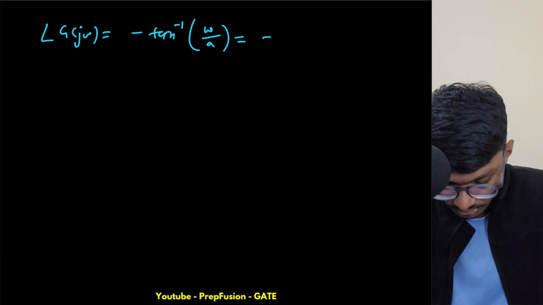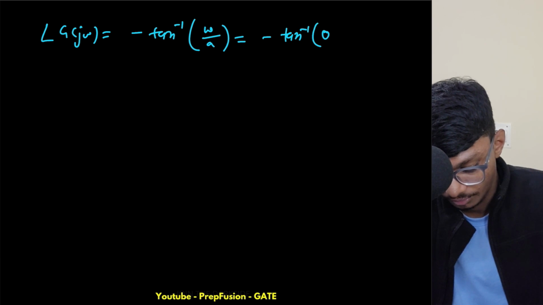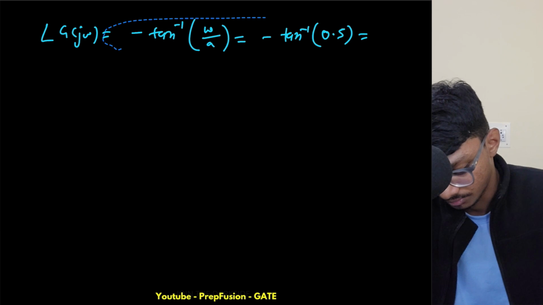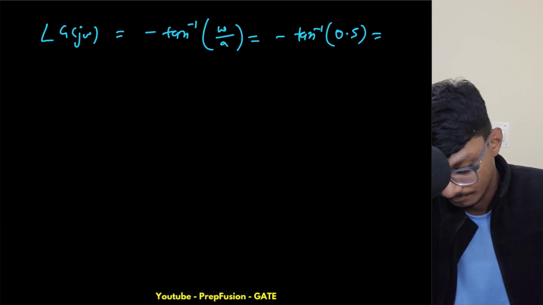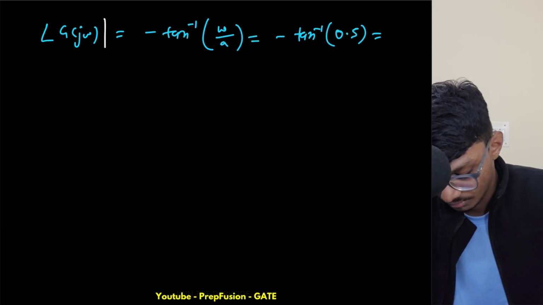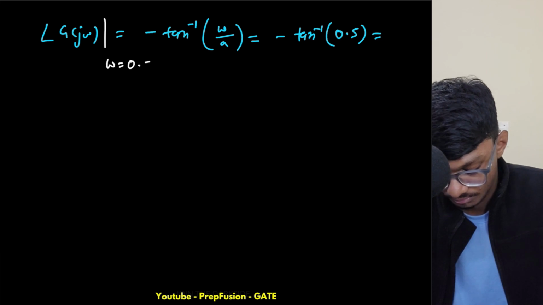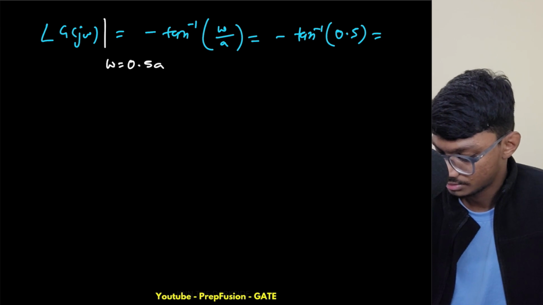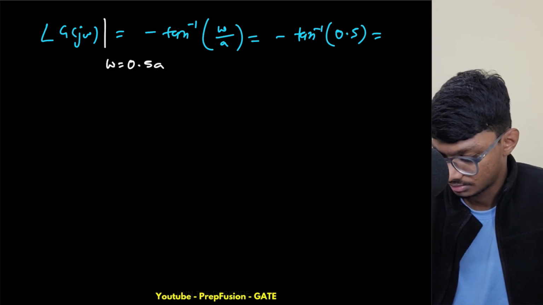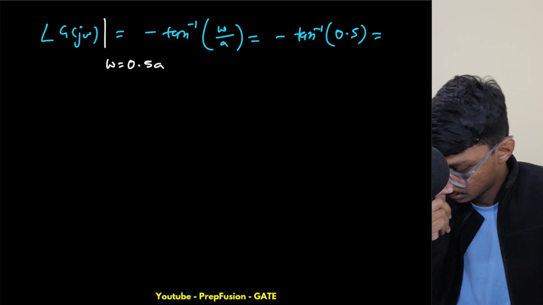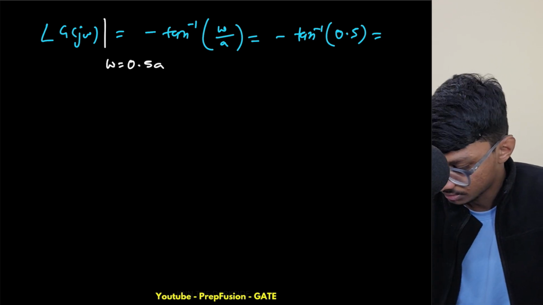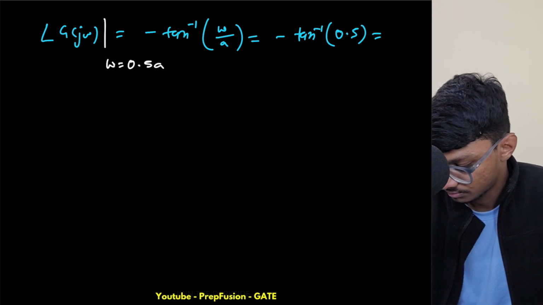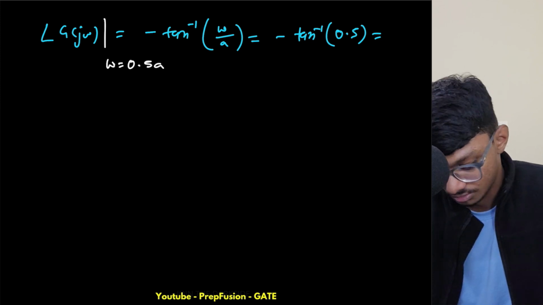So minus tan inverse 0.5, at omega equals 0.5 A. Is this in degrees? What am I doing? Something is wrong.